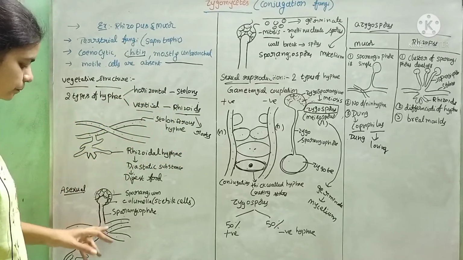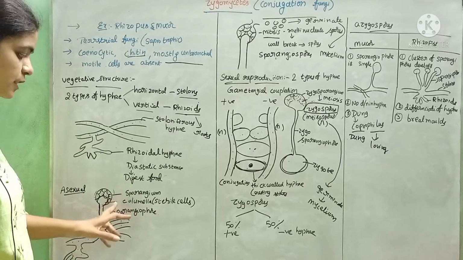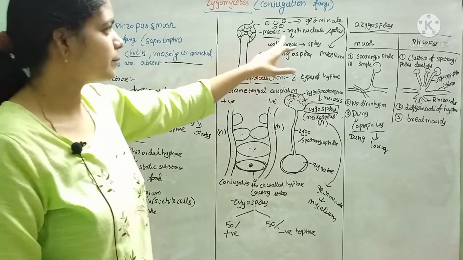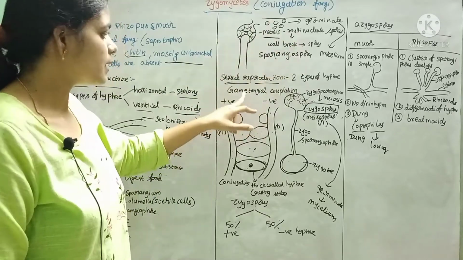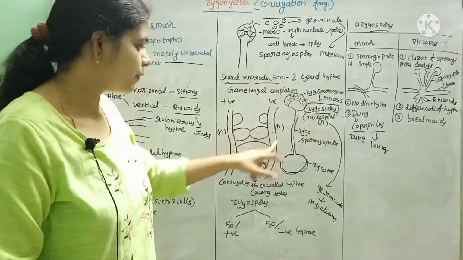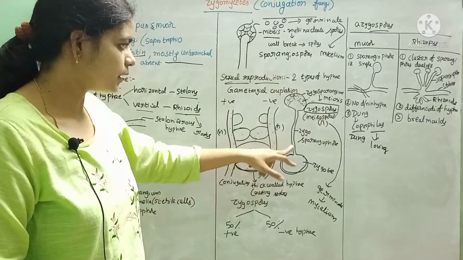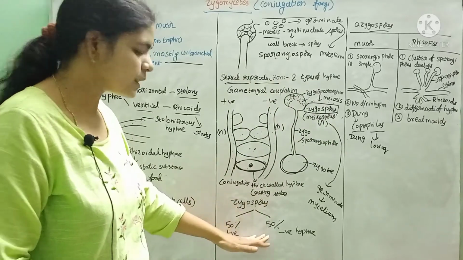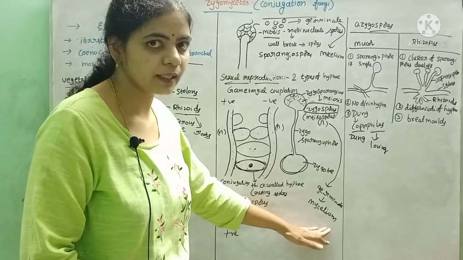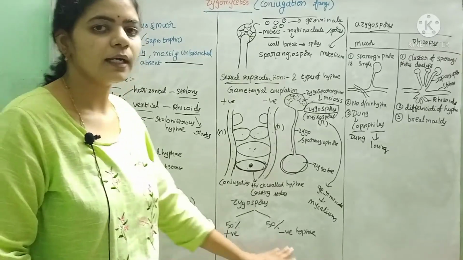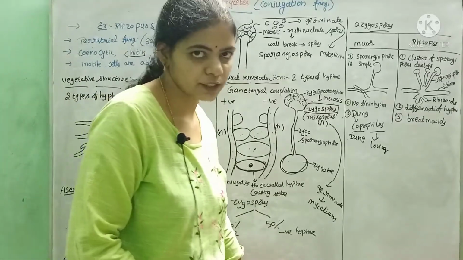Asexual reproduction takes place by means of sporangiospores, developed by mitosis, and sexual reproduction takes place by means of zygospores, which develop from the zygote through meiosis. From these zygospores, the mycelium develops. Half of the mycelium will be positive hyphae and half will be negative hyphae.